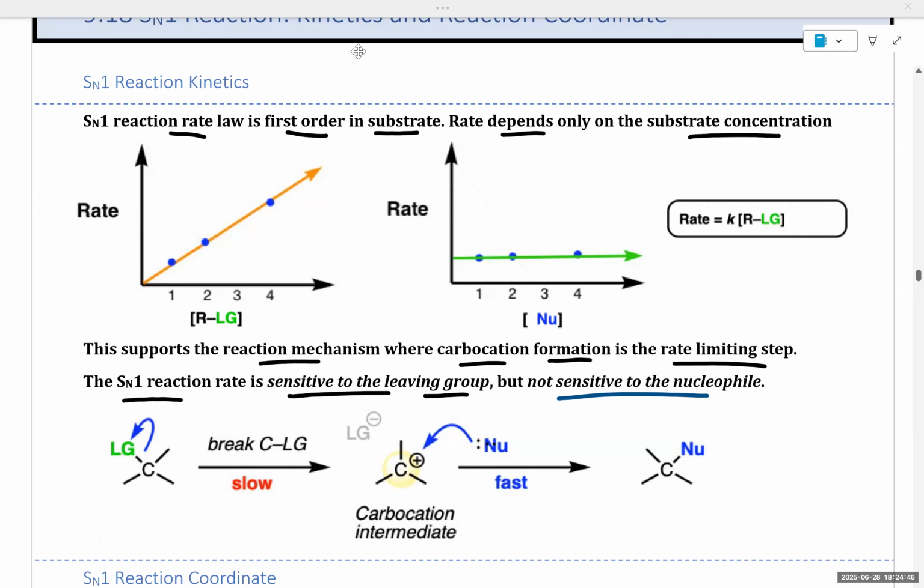This makes sense because the key slow rate-limiting step is breaking this carbon-leaving group bond to form the carbocation. Once you have the carbocation, it'll react with pretty much any nucleophile as long as it's a remotely competent nucleophile.